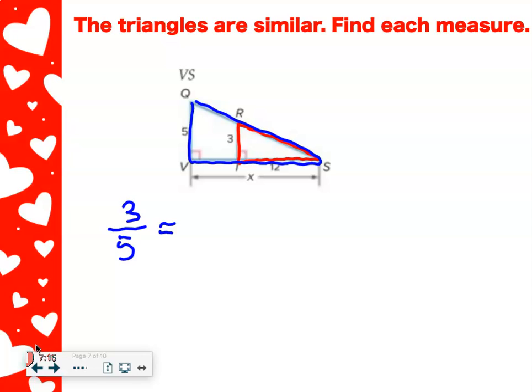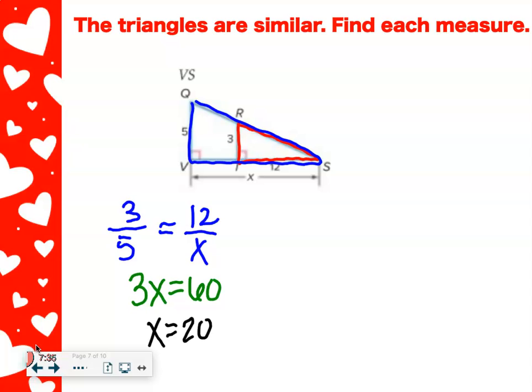What would match this side of the big one? X. Perfect. And now we just solve. 3x equals 60, cross multiply. X equals 20. Is that what we want to find? Yes, perfect.